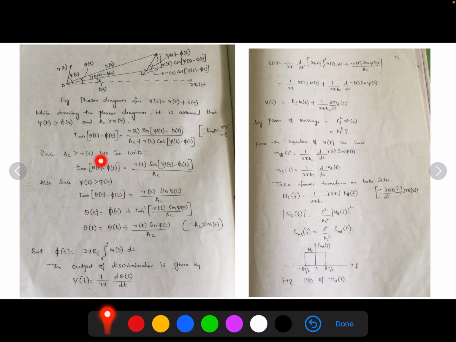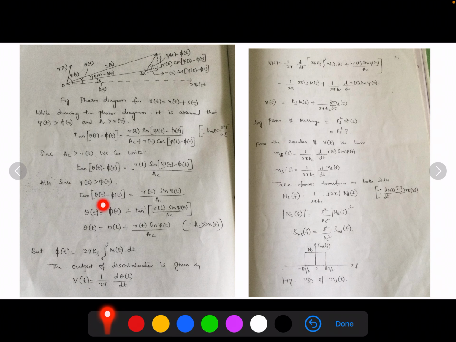Since AC is very much greater than R of t, we can write tan of theta of t minus phi of t is equal to R of t into sin of psi of t minus phi of t divided by, since AC is very much greater than this whole term, only AC. Here we also have the assumption that psi of t is greater than phi of t.